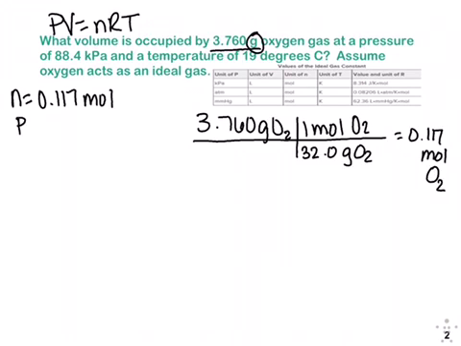Our pressure is 88.4 kilopascals. We don't know our volume. We have our n. R, which R value will we use, bless you, for this particular problem?